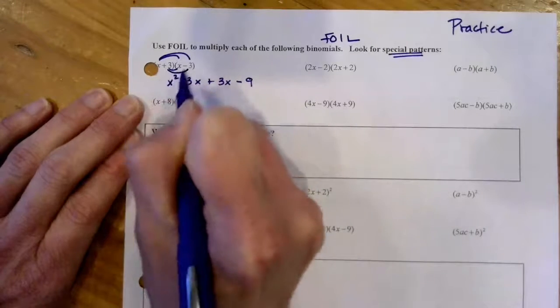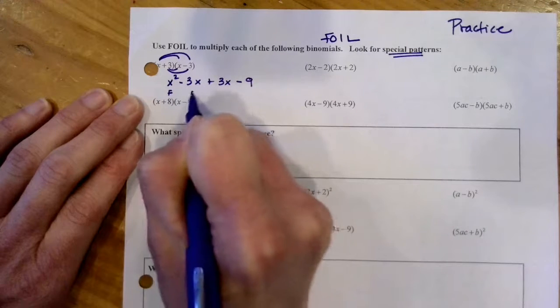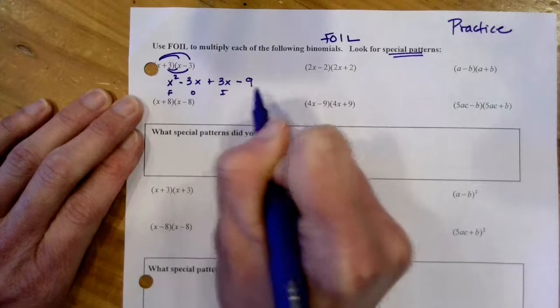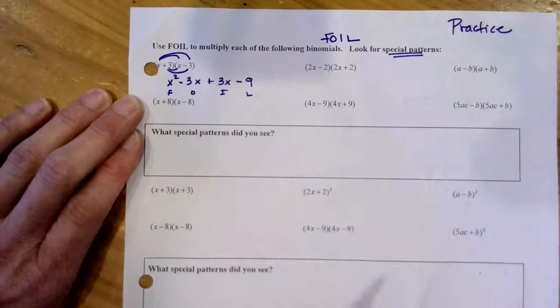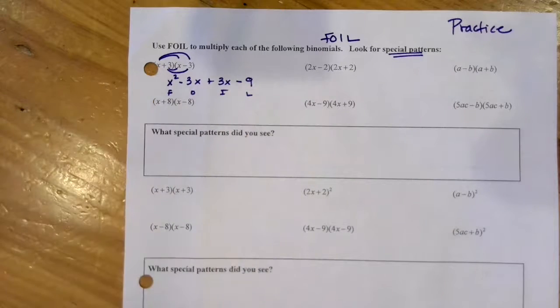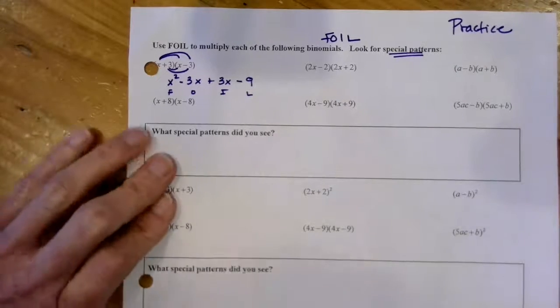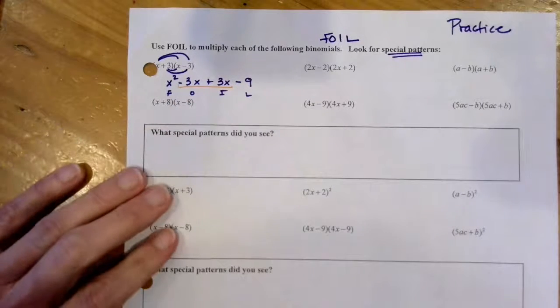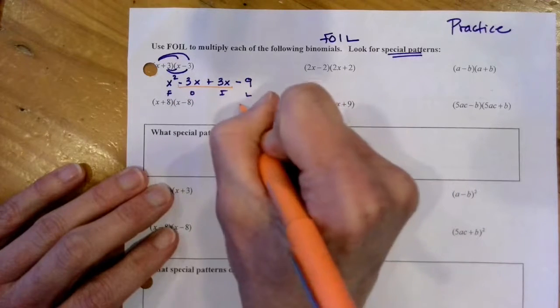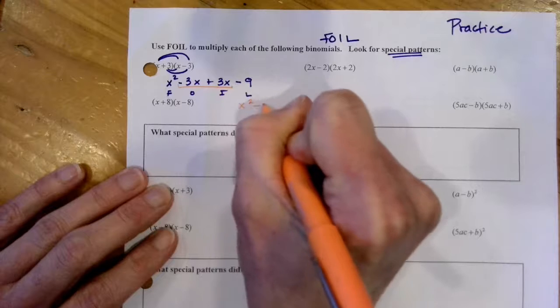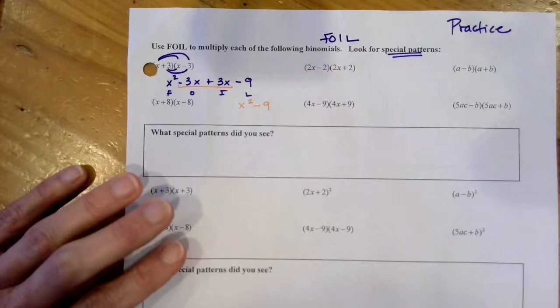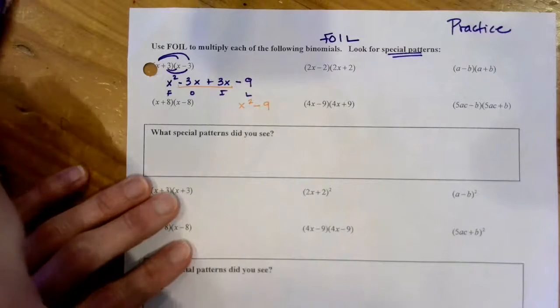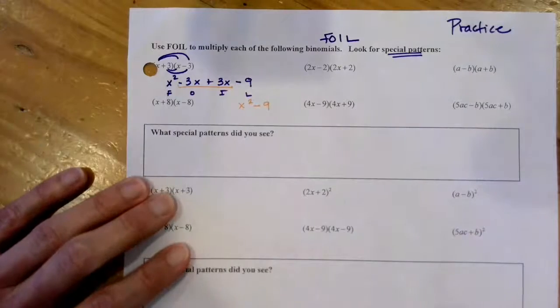So my first term, my outside term, my inside term, and my last term. Do you see anything interesting about this? When you combine like terms, you end up with x squared minus 9. Interesting. All right, let's do another FOIL.